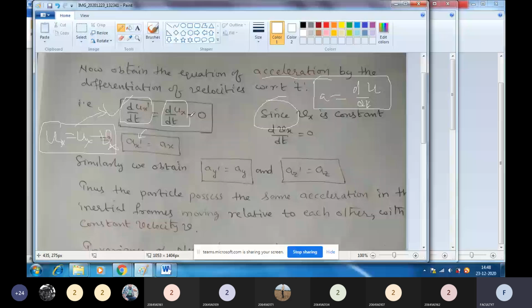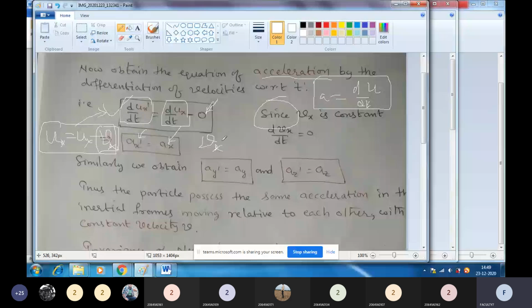Now the question arises, why has this factor become 0? What is the reason here? We are getting this factor Vx. What is Vx? Vx is the velocity of the movement of the second frame, which is constant or uniform velocity. It is not changing. So if you differentiate a constant, what happens?